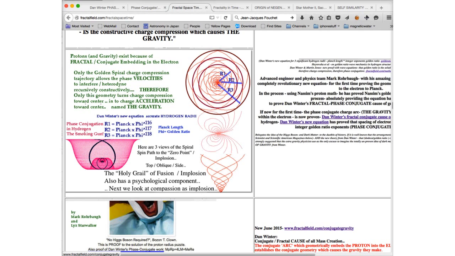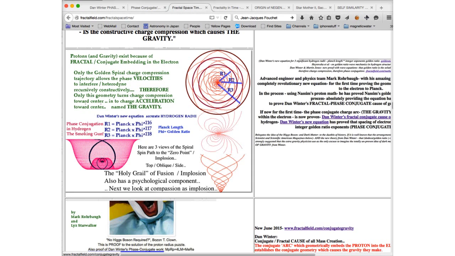And then I newly proved that if you take Planck length times golden mean to the 1/16th and 1/17th and 1/18th power, exact integer exponents of golden ratio times Planck, called phase conjugation, you accurately newly model the pure geometry of hydrogen. So no one can argue with that. That's too clean and cool. You know, the chances that that's a coincidence is 0. So there must be some meaning to that.